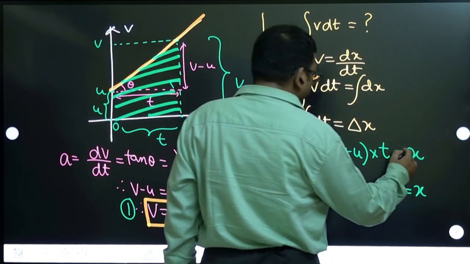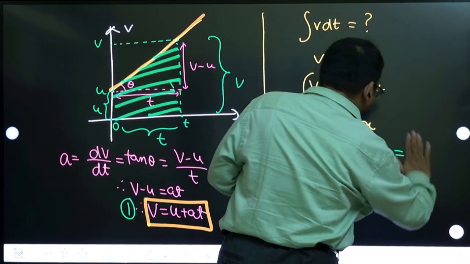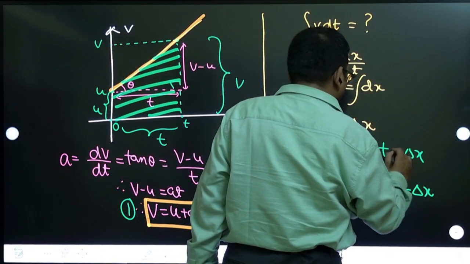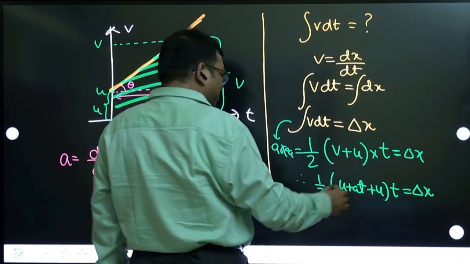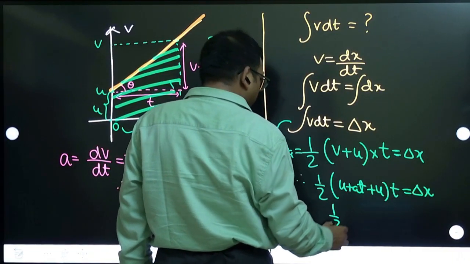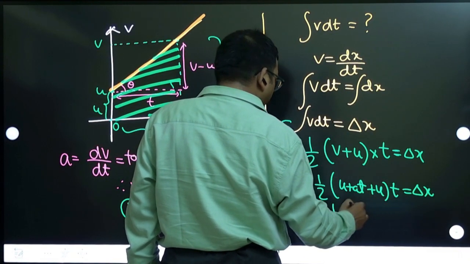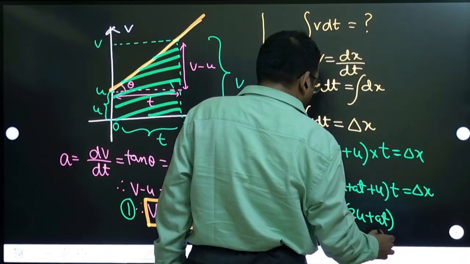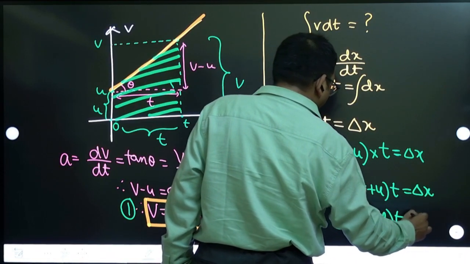Or if you want, let's write this displacement as delta x. Now you open this bracket, so this will be half, 2u plus at, into t is equal to delta x.